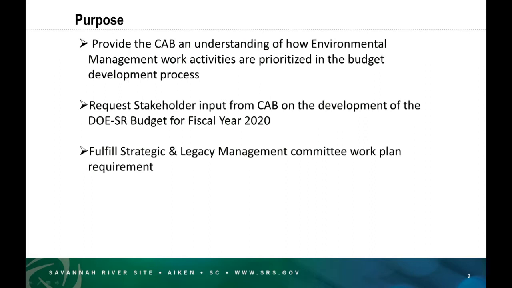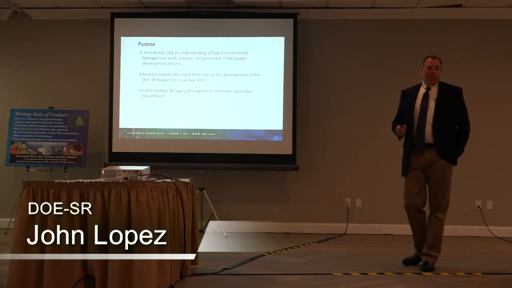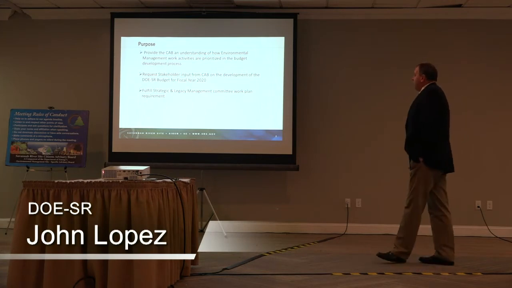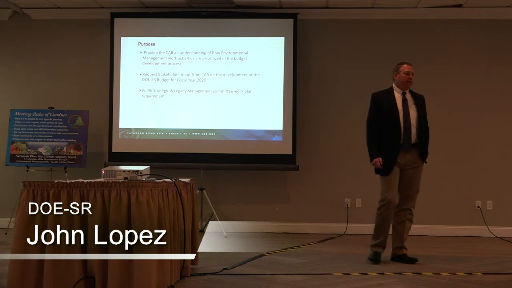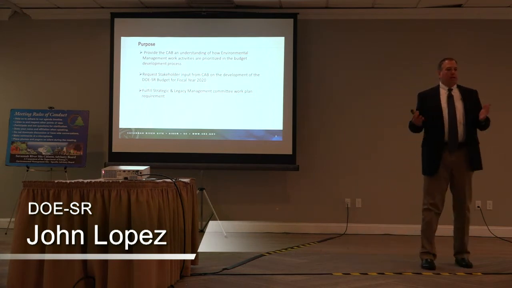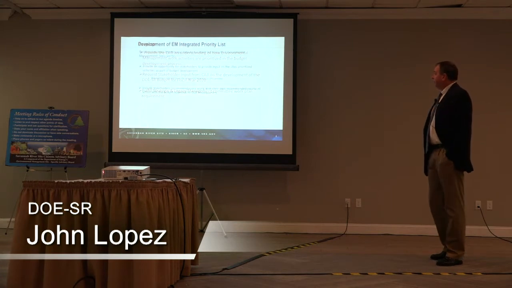Fortunately, you and our regulators are pretty much on the same page. You all have the number one priority as our liquid waste program here on site, so that's a good thing. And then lastly, I'm here to fulfill a strategic and legacy management commitment to present this process to the CAB and request your input.